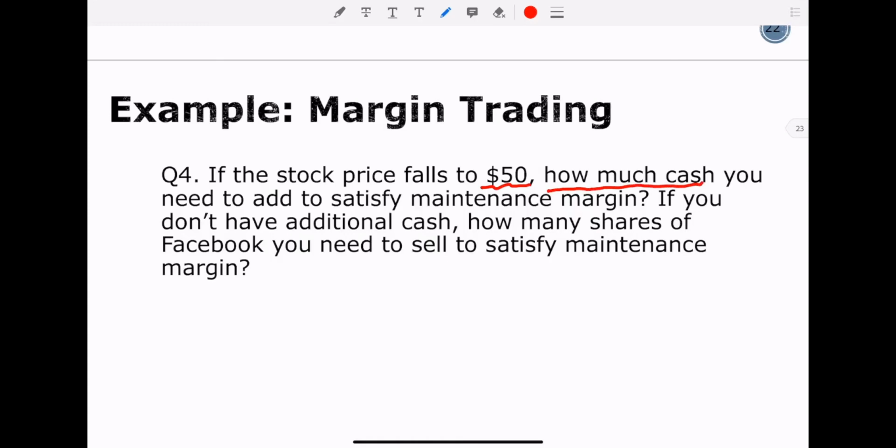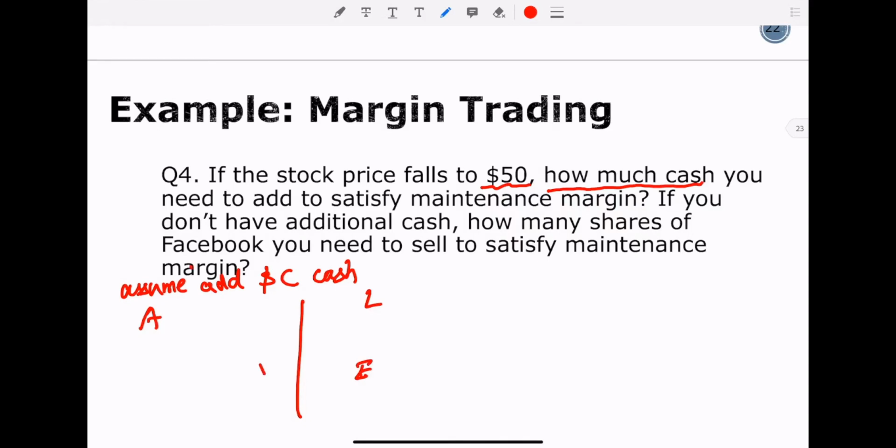So let's see how much cash you need to add if you want to satisfy the maintenance margin. Let's assume you need to add, let's say, C dollars of cash. Now let's think about your asset, your liability, and your equity.